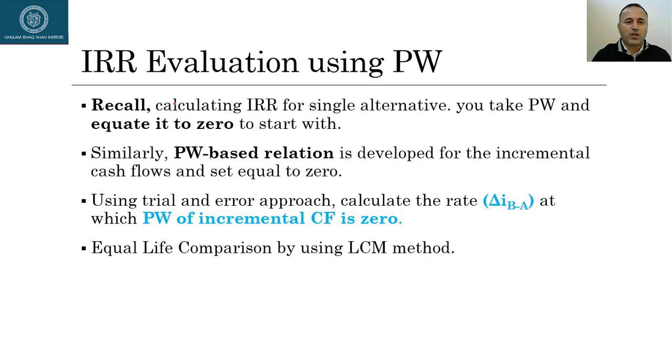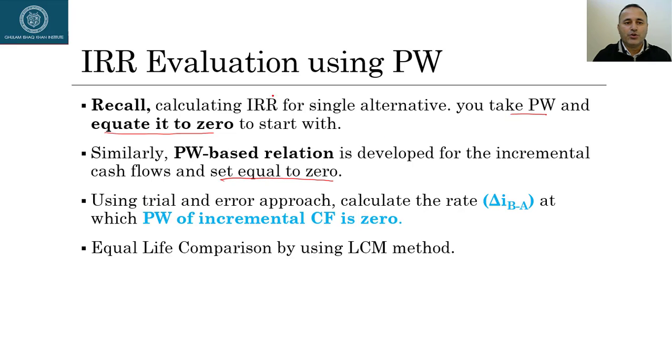So, IRR evaluation by using PW. Calculating IRR for a single alternative, we take PW and equate it to 0. Similarly, a PW based relationship is developed for incremental cash flows and set equal to 0.